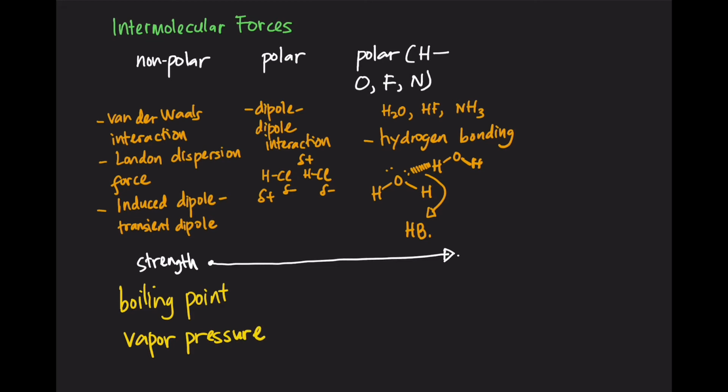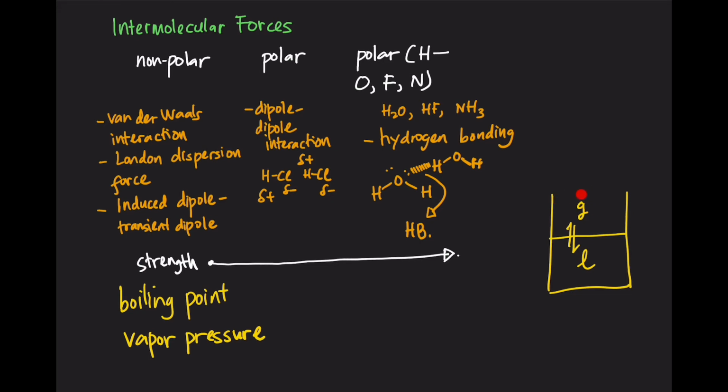So vapor pressure is when we have a system of liquid, and normally there is an equilibrium between the liquid and the gas phase. And this will correlate directly with the boiling point, where the boiling point is the temperature at which the equilibrium is reached. Now, if the interactions between the molecules in the liquid are very strong, it will be very difficult to become gas.